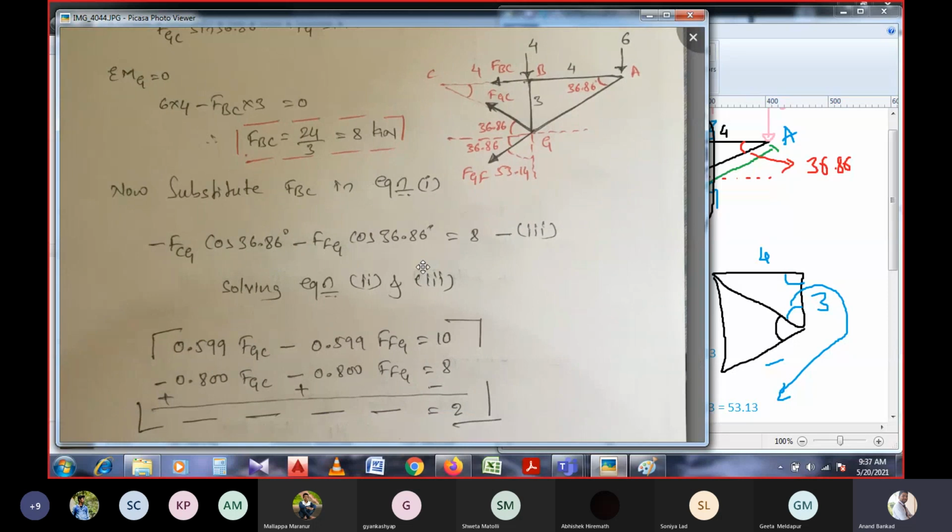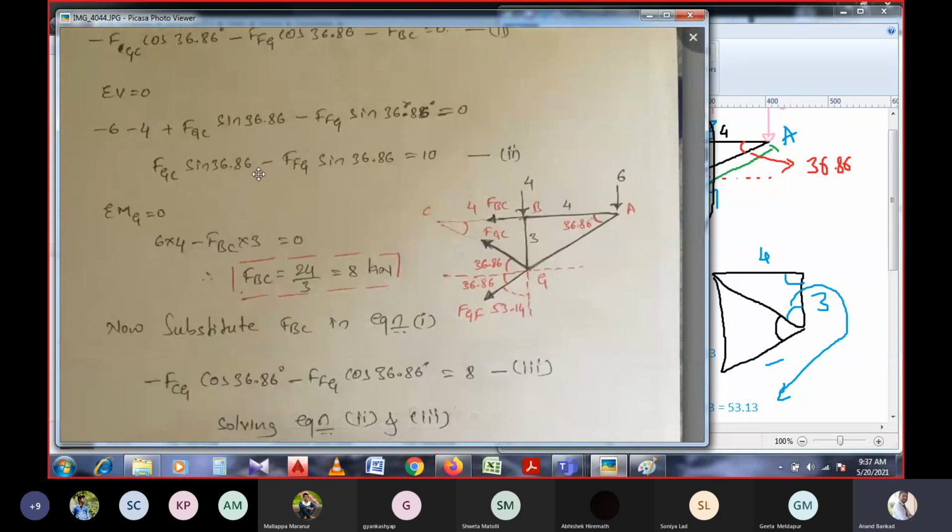Now the intention is to find out the forces in the members FGC and FGF. Now we have found FBC. Only these two are unknown now, FGC and FGF, as mentioned in the question.